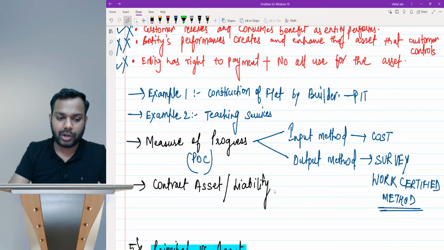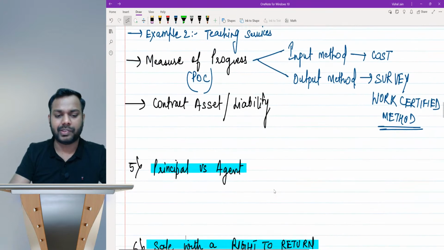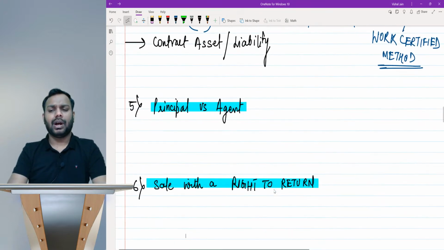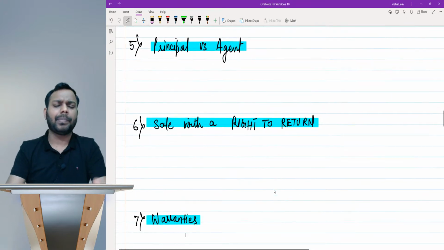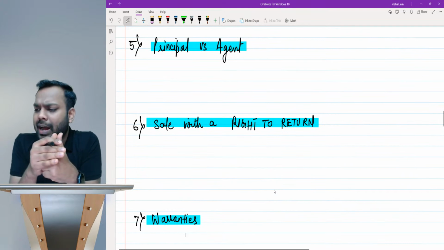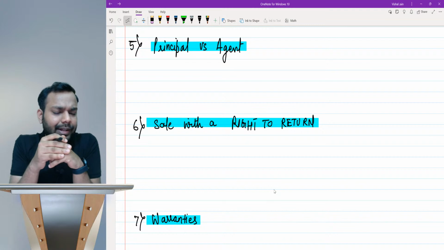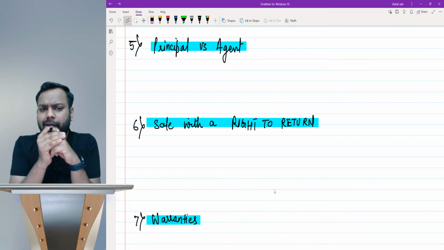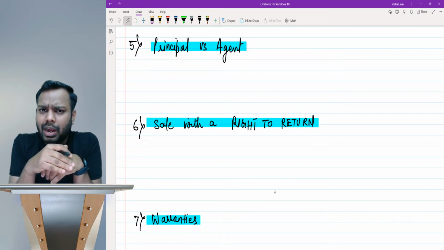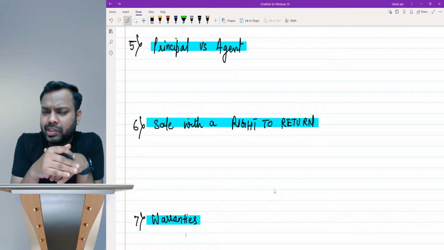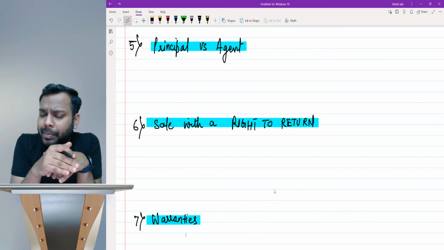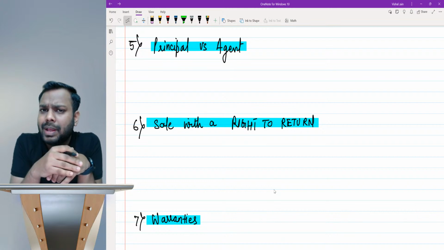Okay, let us move on to the next topic, that is principal versus agent. Now, guys, all of you know these companies, Make My Trip, Amazon, Myntra, I think, right? Now, what happens? When you purchase a flight ticket from Make My Trip, does Make My Trip fulfill the obligation?